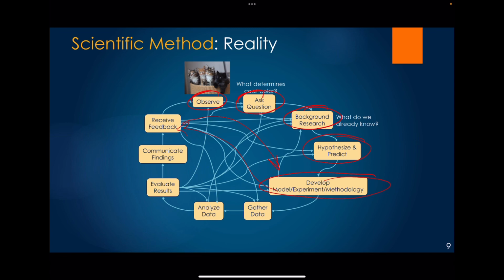Maybe I got more information and now I can give more accurate steps. I can get my data and realize, oh my gosh, I missed a step, so I can go back. So the main idea is that with the scientific method you can go back and forth, forward and backward, however you want to do it, which I think really is one of the fun things about the scientific field.